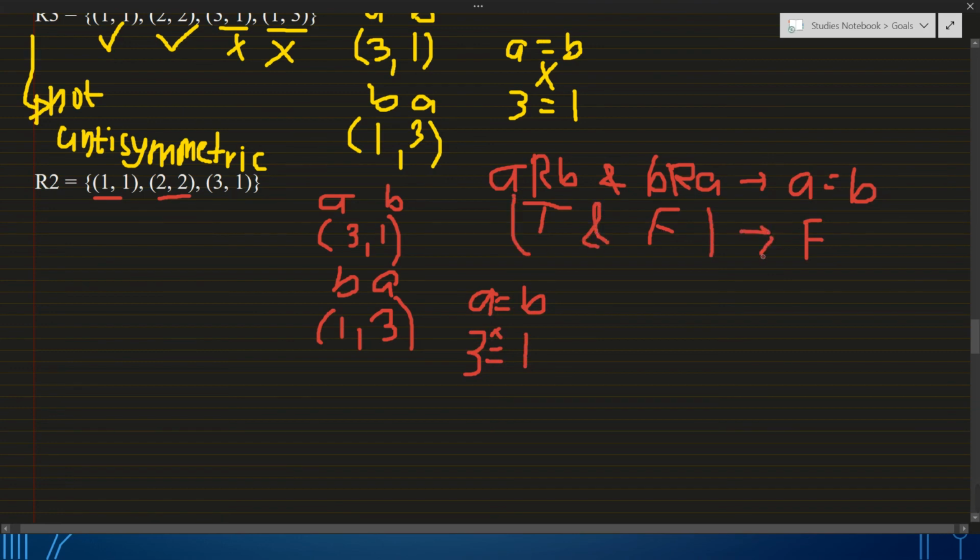It provides a false value, so we have F implies F. As we learned in the previous lesson, F implying F is true. So we can now conclude R2 is antisymmetric.